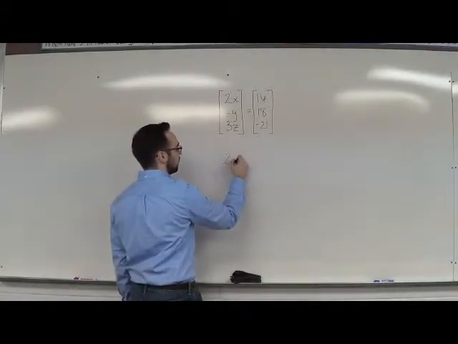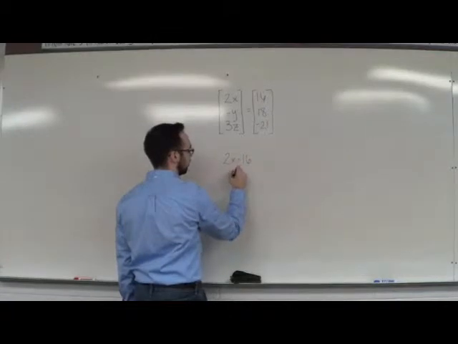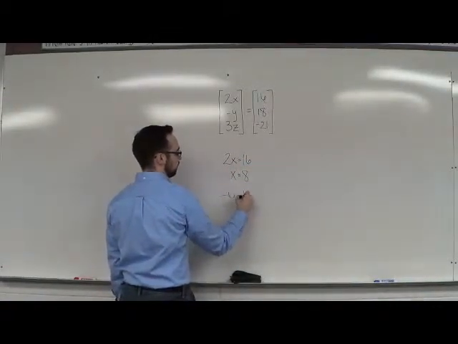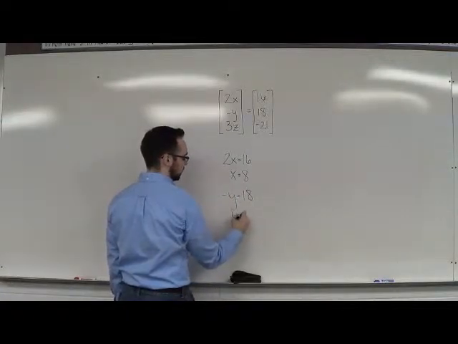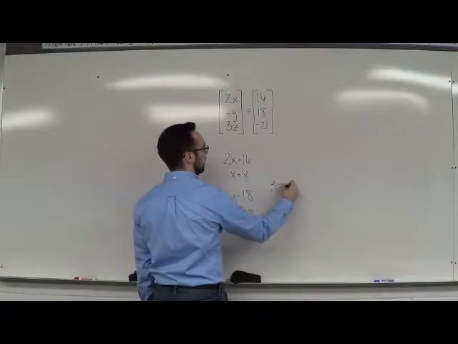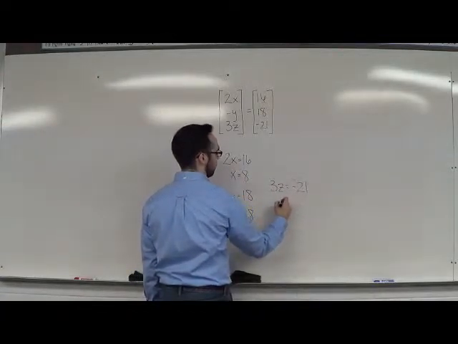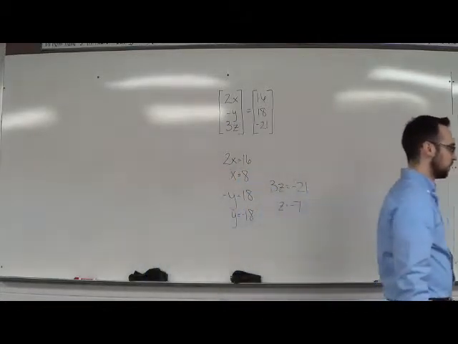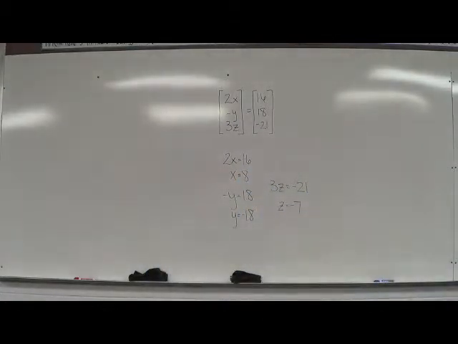So we have 2x is equal to 16, so x is equal to 8. And we have negative y is equal to 18, so y is equal to a negative 18. And then we get to say 3z is equal to negative 21, so z is equal to a negative 7. And that's most of what we want to take away from section 1.